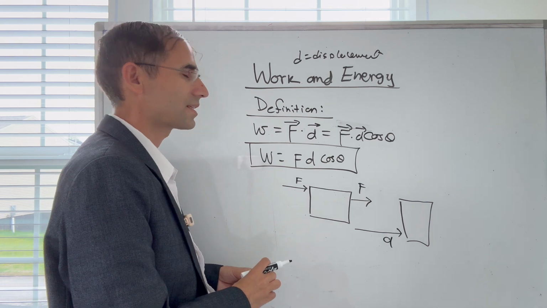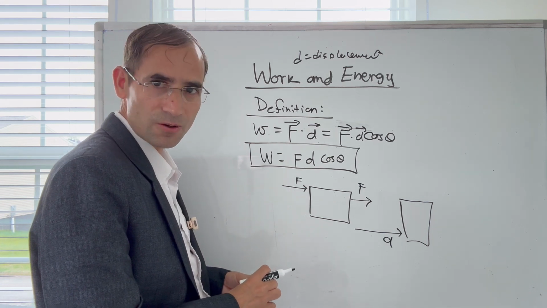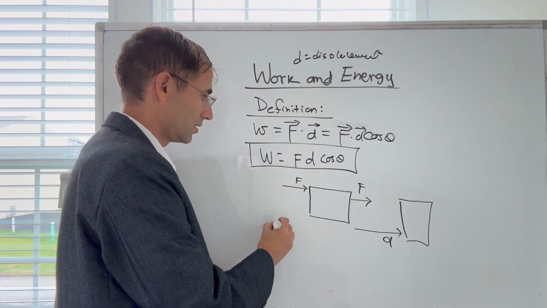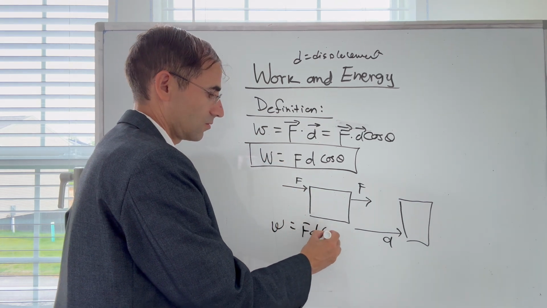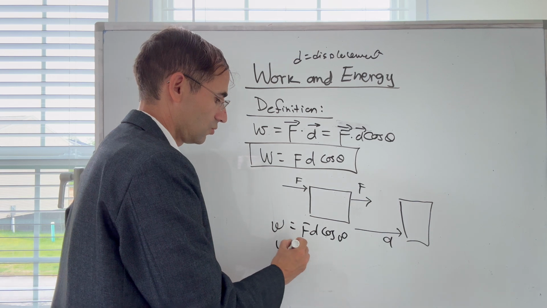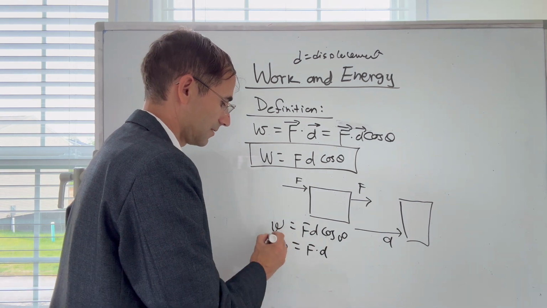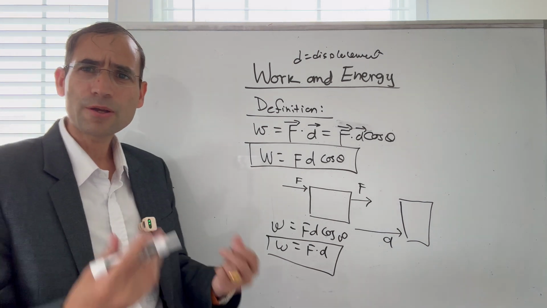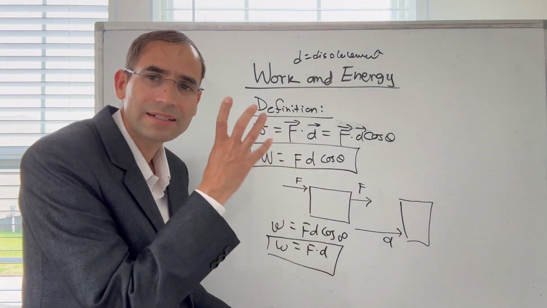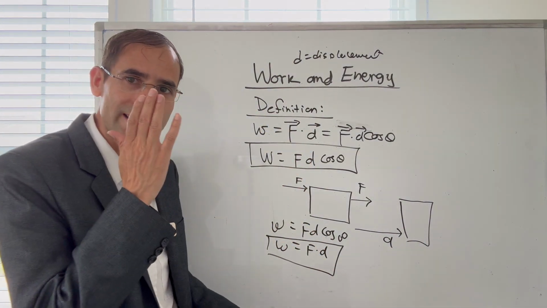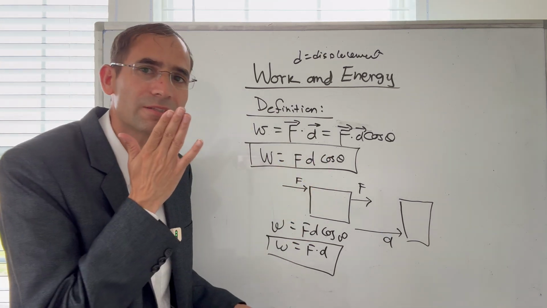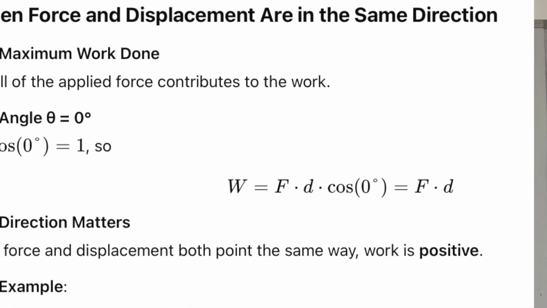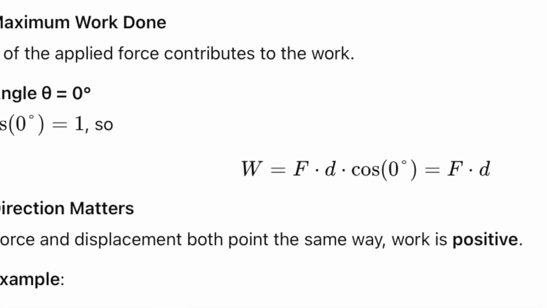Then cosine theta is 1, since theta is 0, so the work done is F d cosine of 0 degree. In this situation, force times displacement is the work done. The majority of you are familiar with this formula, but it holds only when force and displacement are in the same direction, parallel to each other.